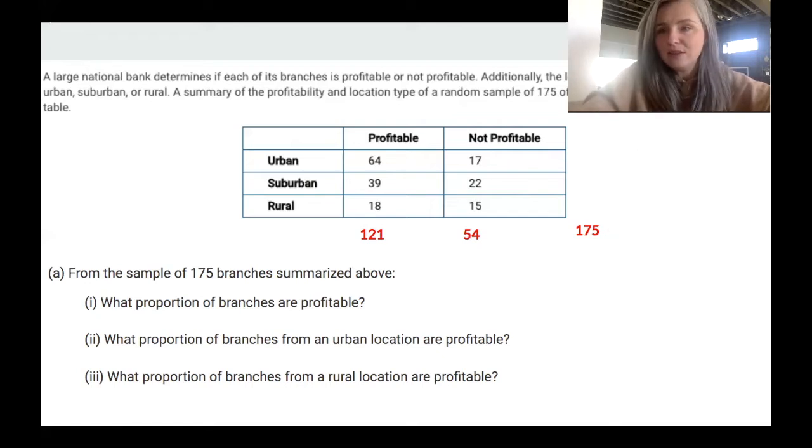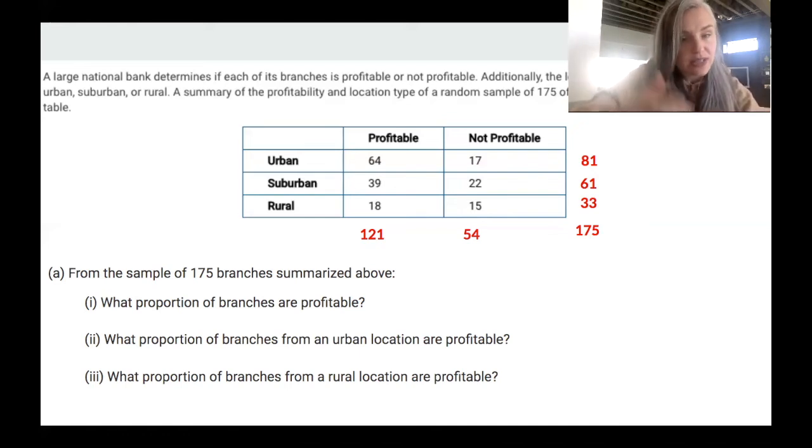I guess they could be a break even, but they didn't give us that. And then 81 urban, 61 suburban, and 33 rural. And then again, you should be able to add and get 175 again. Okay. So now that we have our totals, we'll probably answer some questions based on this.